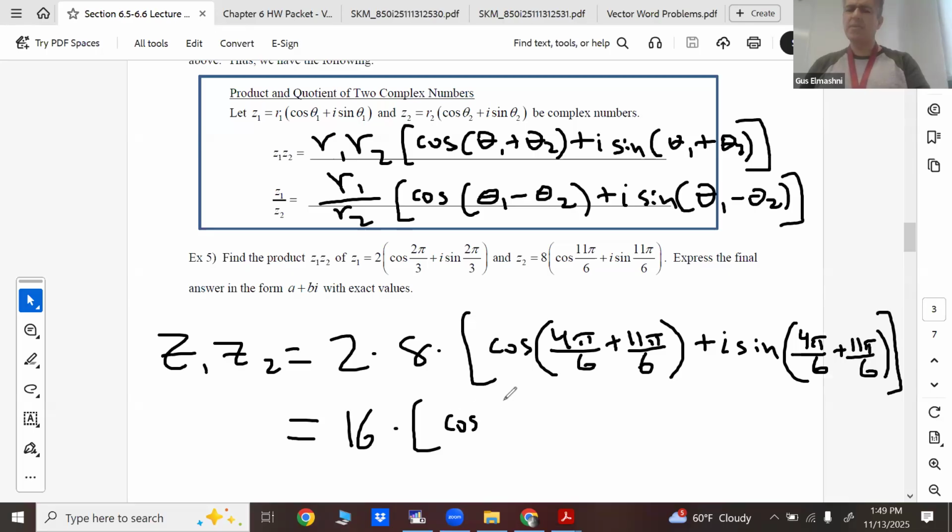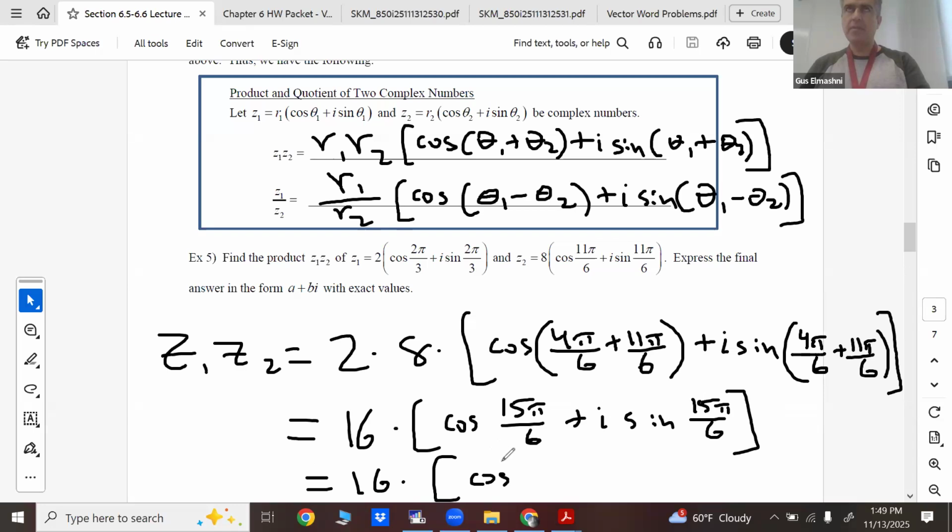15 pi over 6? Is that right? What does that reduce to? Is that 5 pi over 2? I reduced it.